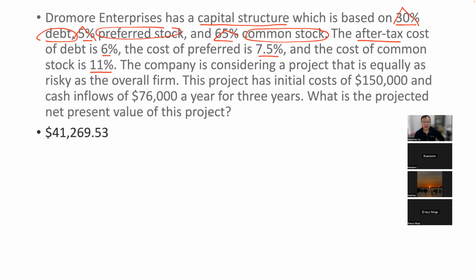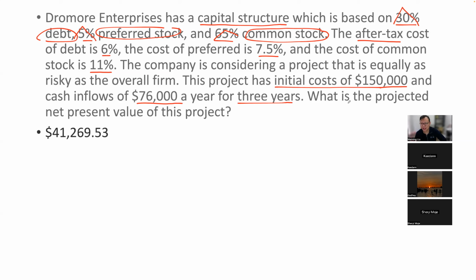Okay, so you know the initial cost, that's 150,000. You know there is an annuity, the cash inflows 76,000 for 3 years. So this is an annuity, right? And they're asking you the projected net present value of this project.